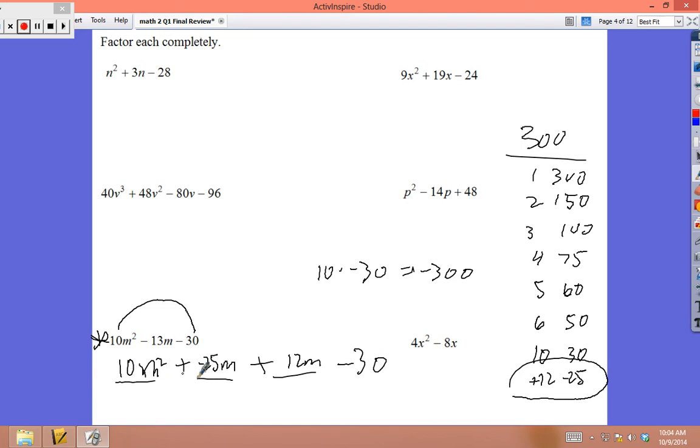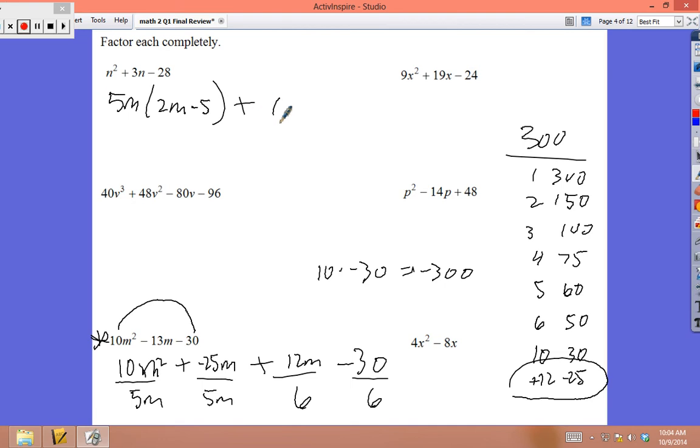If you group the first two together, I got them in order, positive, negative, positive, negative. Divide them both by 5m. So that's going to be 5m times 2m minus 5. And the second group, 12 and 30, divide them both by 6.